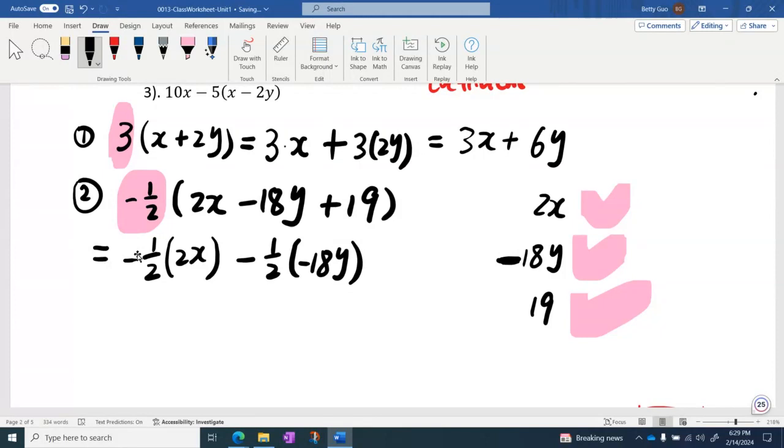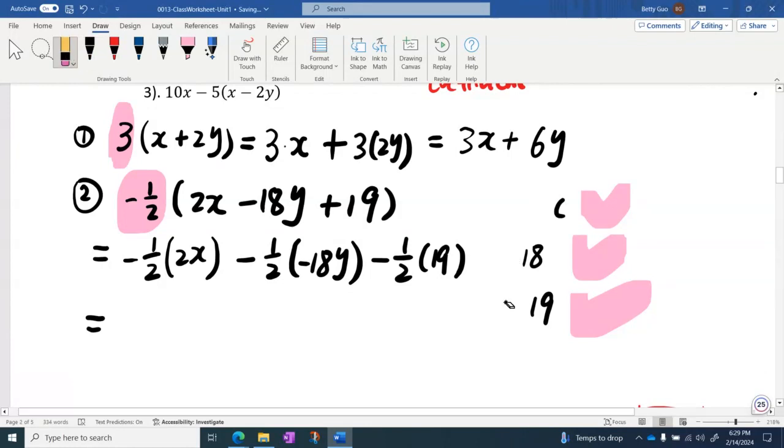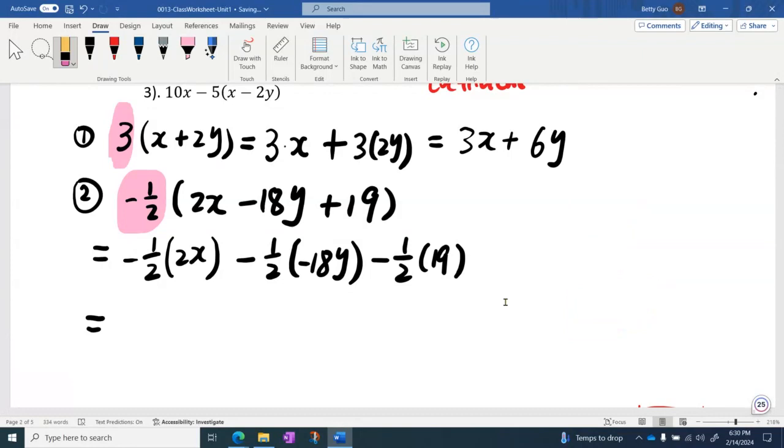And then the third term we multiply by -half. Like that, right? Every single term in the parentheses has a factor of -half, and the expression still has three terms.